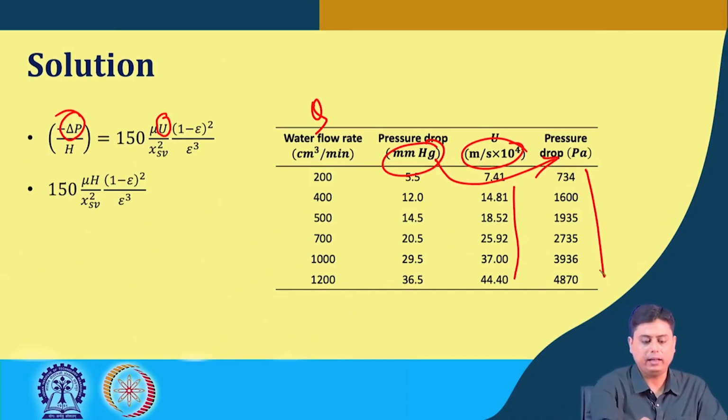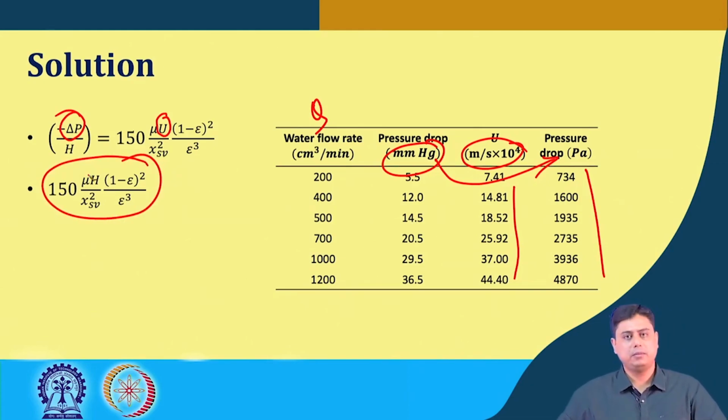If we plot that, and if it is linear with the slope of this parameter, then undoubtedly this flow is laminar.